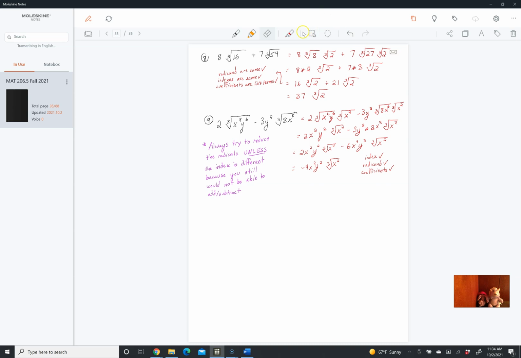So like terms, the exponents of each variable are the same.